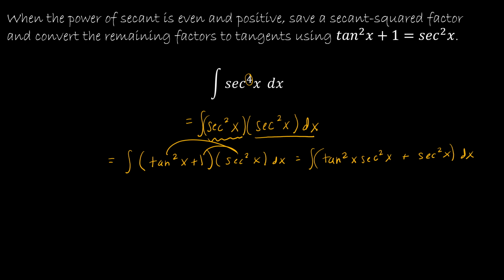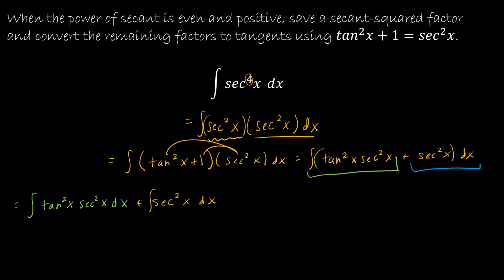For my first part, again, I'm just going to write this as 2 separate integrals. And if we need to, we can go ahead and do that, is to write it separately. So tan squared x secant squared x dx. And then the second is secant squared x dx.